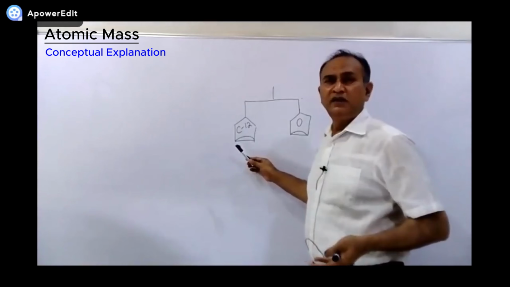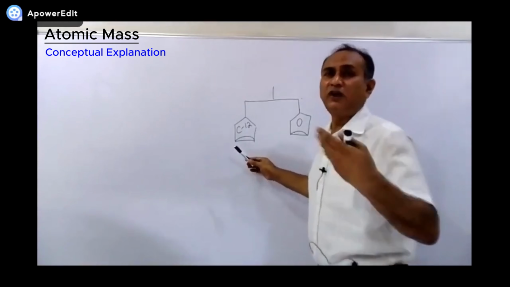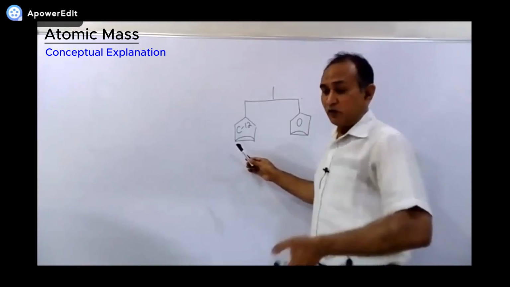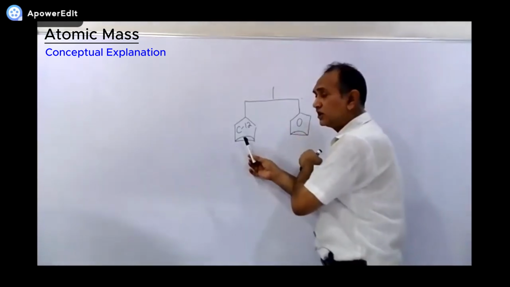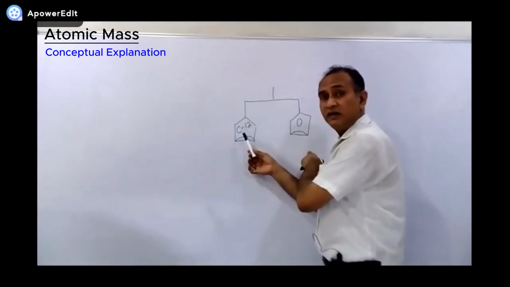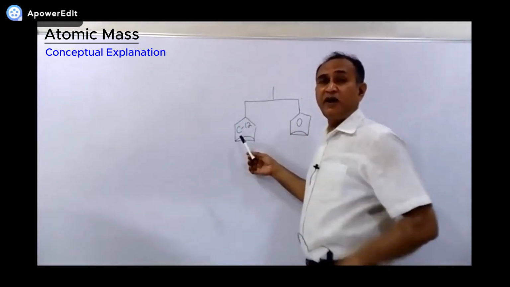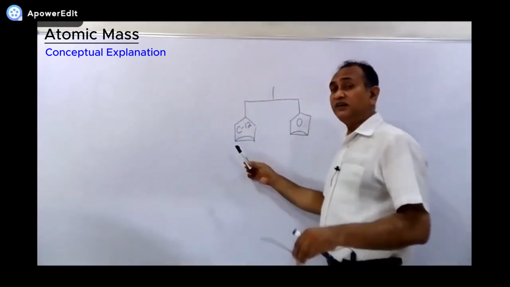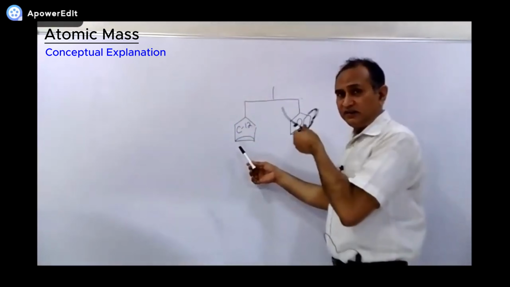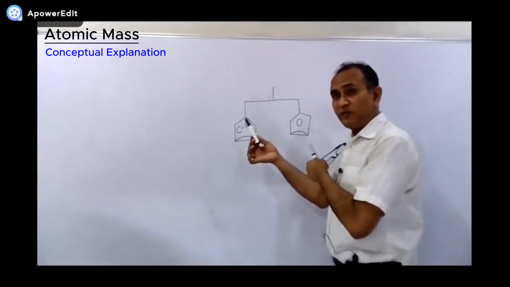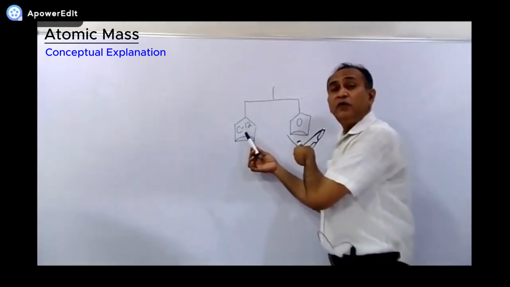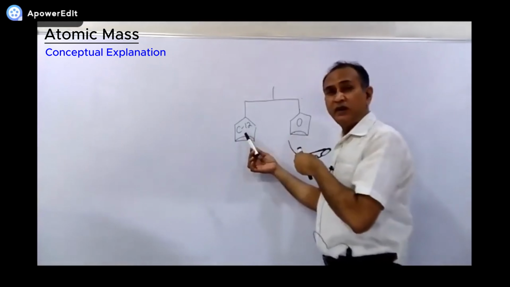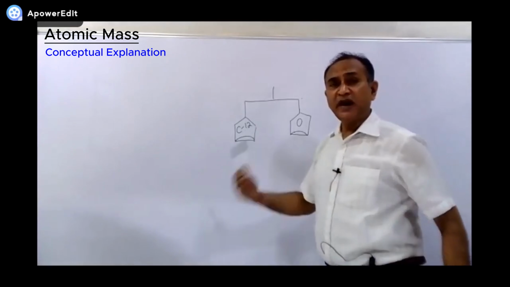Might be 2000 markers. What is the weight of this chair in markers? Might be 150 markers. What is the mass of these glasses compared to this marker? Might be half, might be 0.7 of this. This is called comparative masses.